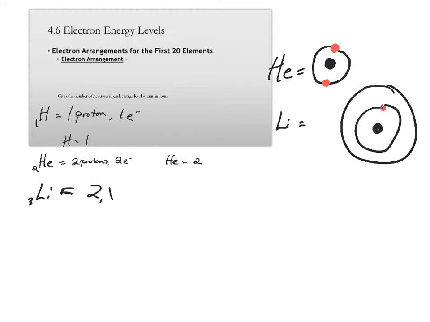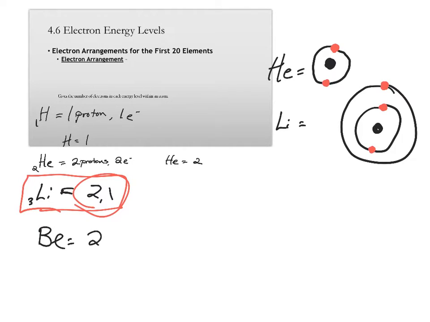The first orbit is going to have 2 electrons, and then the next one is going to have just 1. The 2 means there's 2 electrons in the first energy level, and the 1 means there's 1 electron in the second energy level.